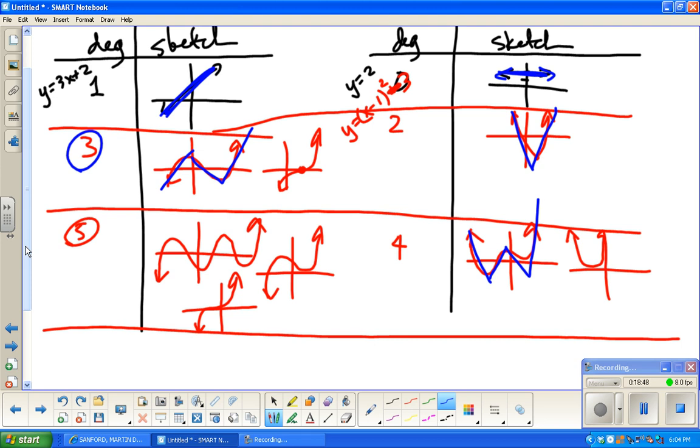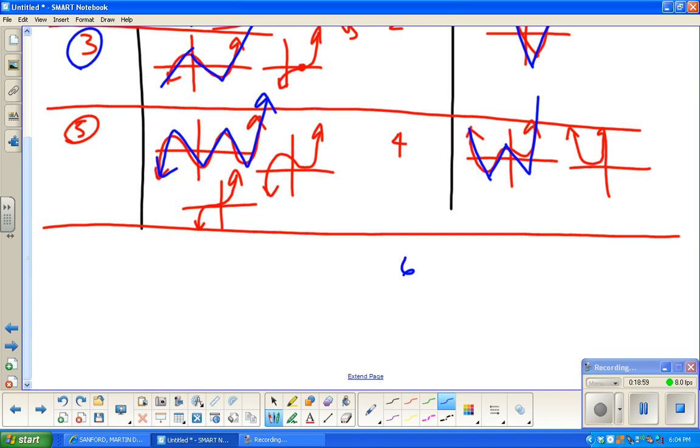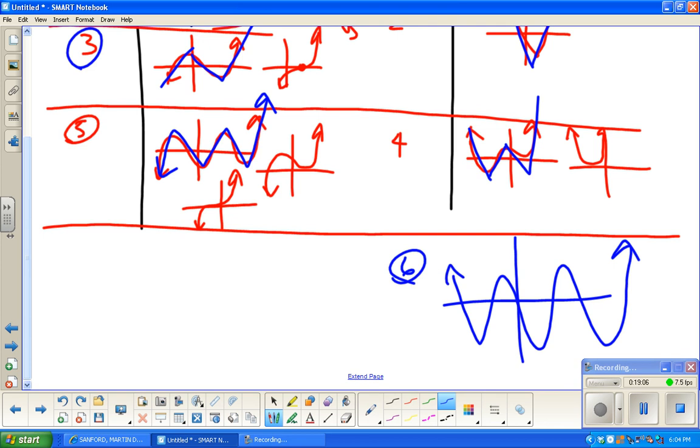I don't know what other terminology, that's not calculus, to use. 5th degree, 1, 2, 3, 4, 5. With that in mind, 6th degree, you guessed it, 1, 2, 3, 4, 5, 6, or it could be upside down. Now, understand that all of these things could be stretched and shifted around, so a 6th degree could look something like this, but it's that basic idea.